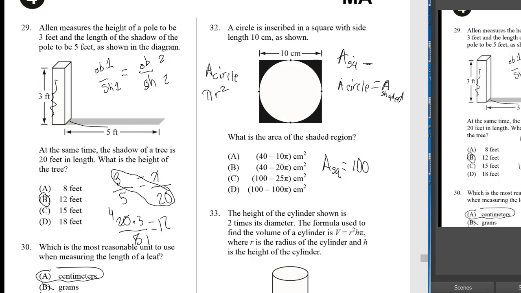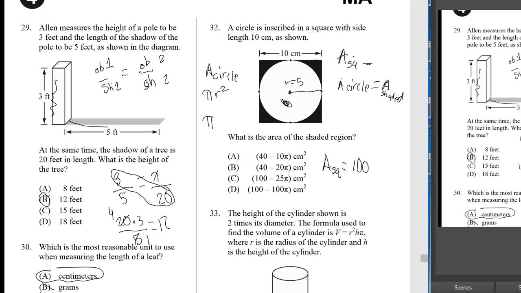It doesn't seem like I know the radius, but I can find it. I know the diameter is 10. How do I know that? Because this goes all the way across, this 10. So from here to here is 10. That means the radius is 5, because the radius is half of the circle, right? Radius is half, not the whole. So we have radius is 5.